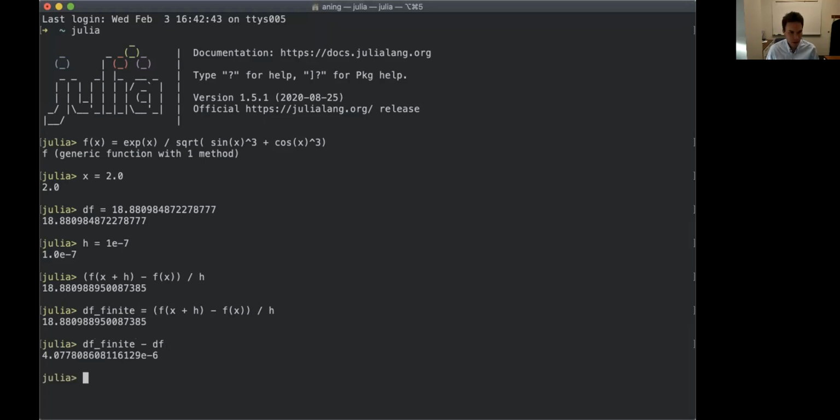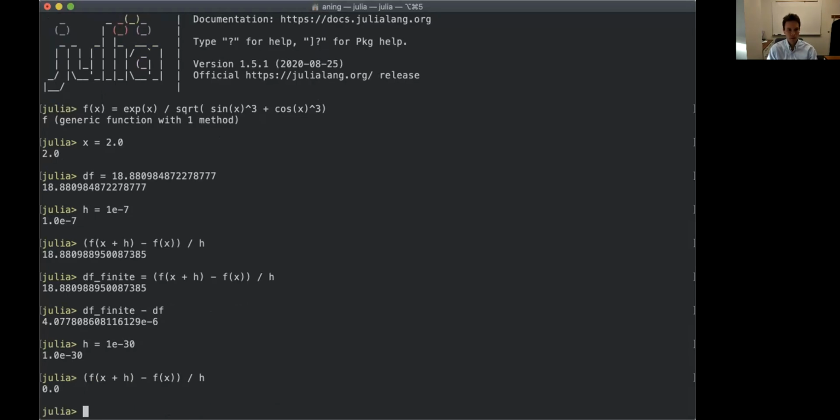It's not great, but I got about 6 digits, maybe 7 digits of accuracy. But if I do something really small, because ideally I want to make h really small to eliminate the truncation error from my Taylor series, if I go smaller, I'm going to get 0, right? It's just useless.